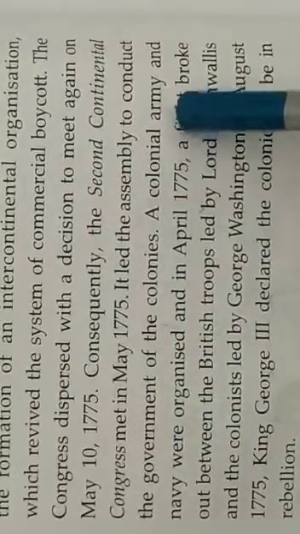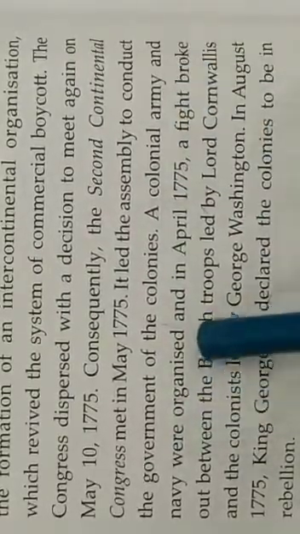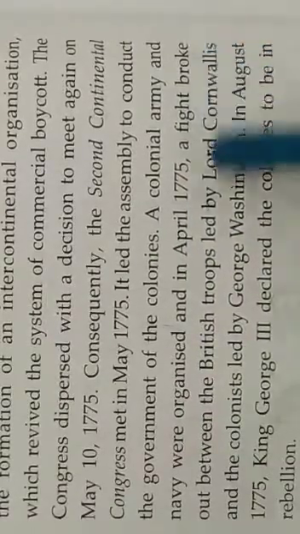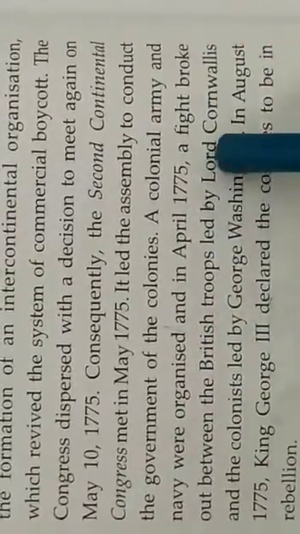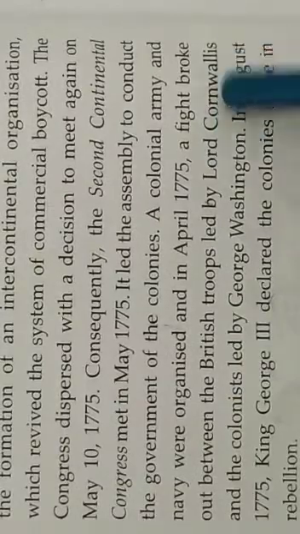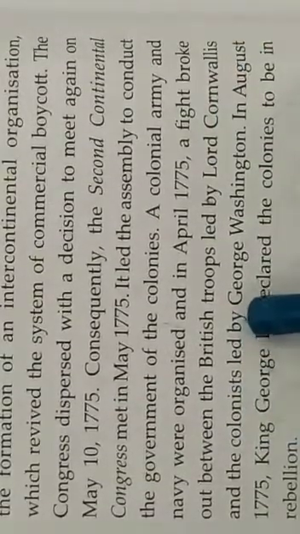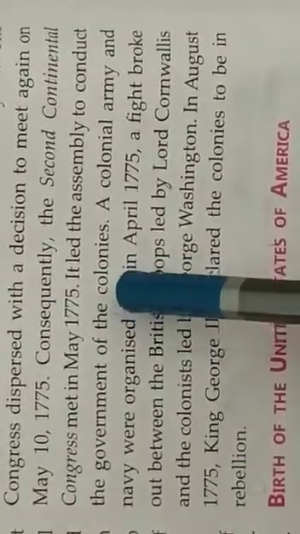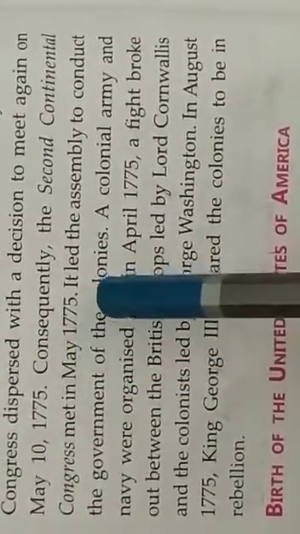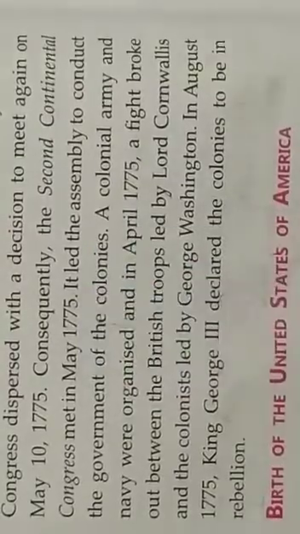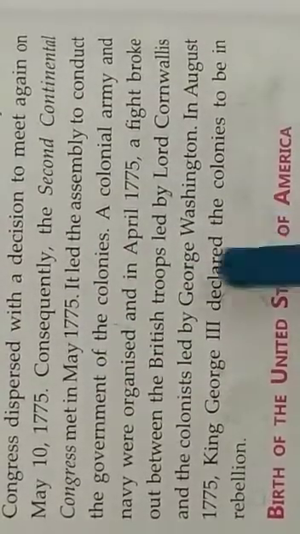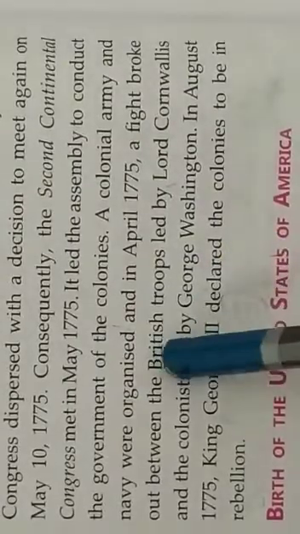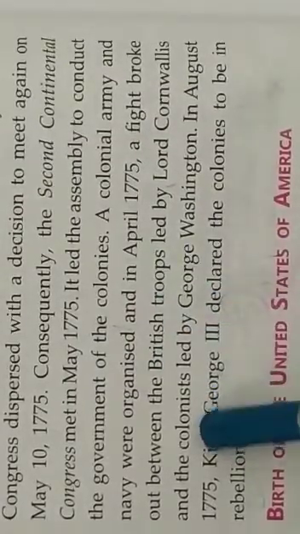A colonial army and navy were organized, and in April 1775, a fight broke out between the British troops led by Lord Cornwallis and the colonists led by George Washington. So the second conference was in May 1775, and before this, in April 1775, there was a fight between the British troops and the colonists.